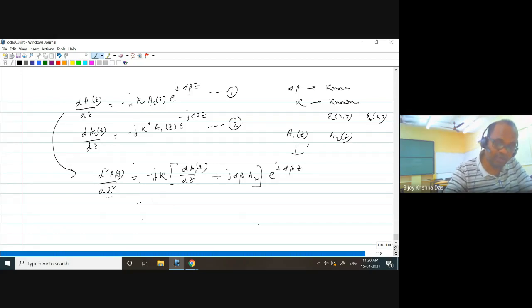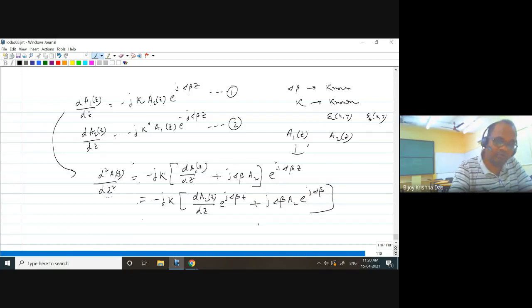And if you modify it a little bit, minus j kappa, I can write dA2Z by dZ times e to the power j delta beta Z, and plus j delta beta A2 e to the power j delta beta Z. I just multiply inside.